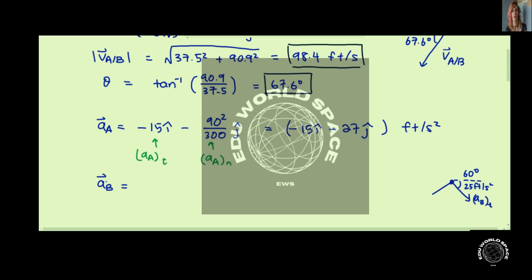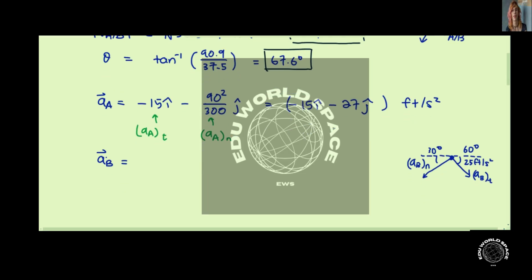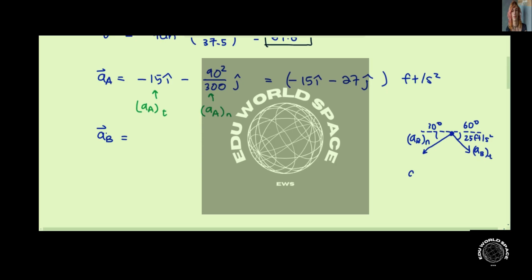Then we also have the normal component, at 30 degrees. The magnitude of the normal component for car B is 105 squared divided by 250, that is, VB squared divided by RB.